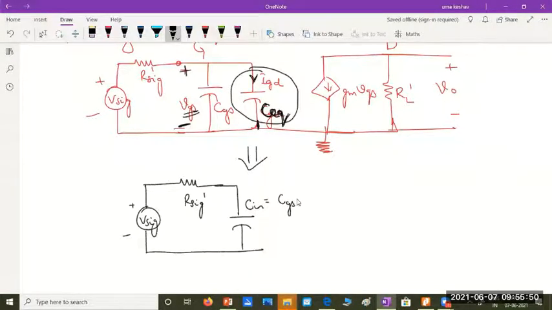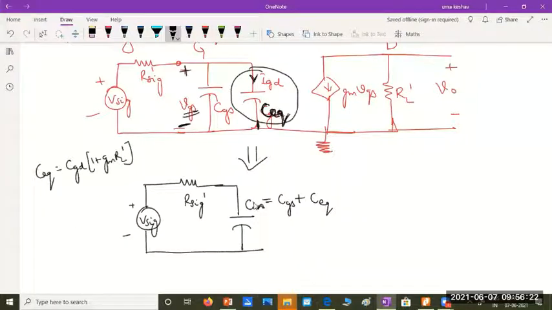We know capacitances in parallel will add up. Yes or no? Just like how resistances in series add, capacitors in parallel will be direct addition. So the new input capacitance can be treated as the parallel combination of CGS and C equivalent. And remember, C equivalent is CGD into 1 plus GM RL dash.